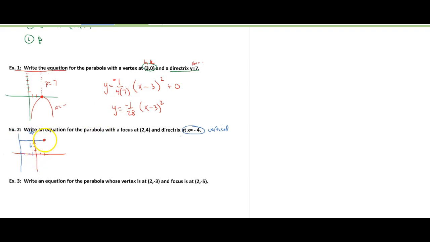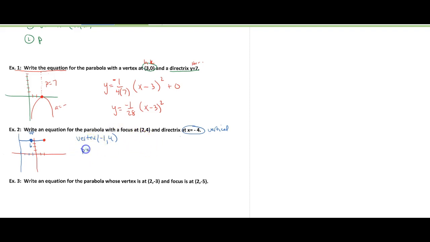So I'm going to go over 1, 2, 3, and that's where my vertex is going to be. So my vertex here is going to be at negative 1, and what is that? 1, 2, 3, 4? Negative 1, 4.